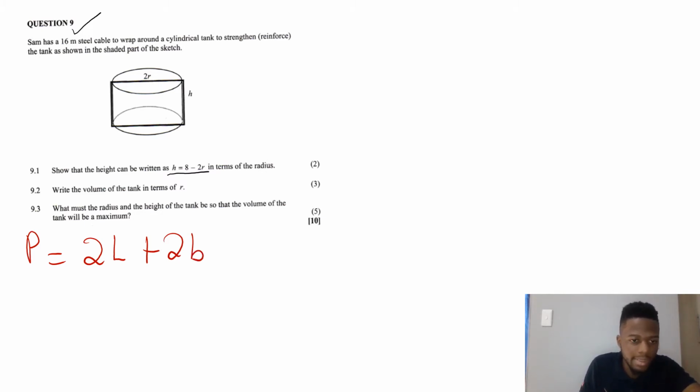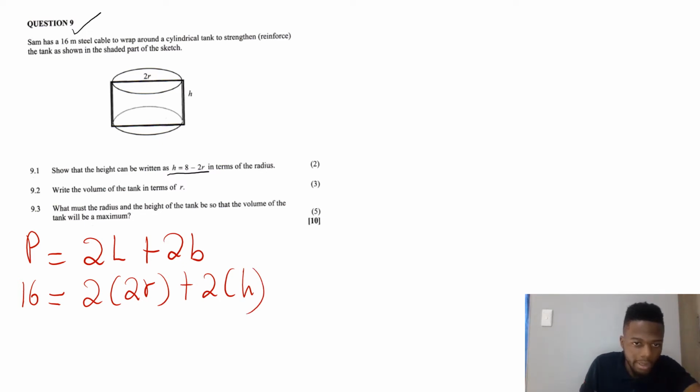So what is our perimeter? Our perimeter is given with 16 equal to 2 into what is our length? Our length is 2r, and then plus 2 into what is our breadth? Our breadth is h. So don't forget, our final answer must be in terms of h, so we have to make h the subject of the formula. We can start by dividing everything with 2.